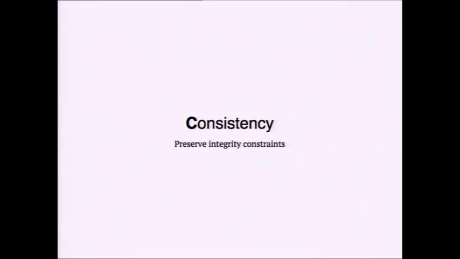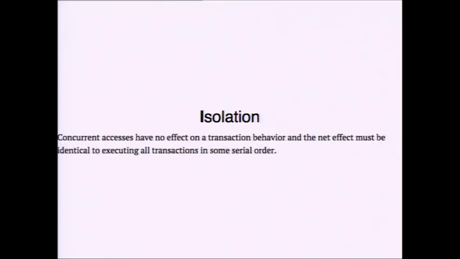Consistency just means you want to preserve your integrity constraints. So if you say that the balance of your bank account can never be less than 0, then you don't want to allow 2 simultaneous transactions to withdraw $100 from an account that only has $100, right? Because then your total bank account balance would be less than 0.